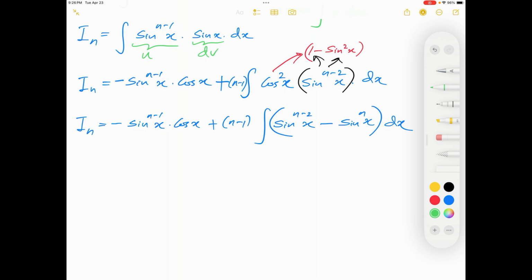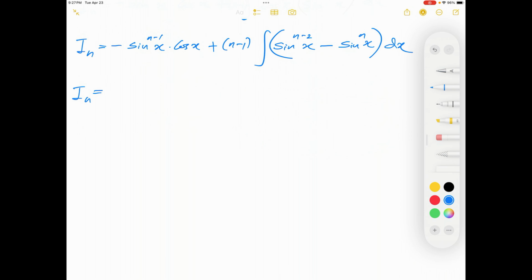Outside I have dx. Alright, now this integral can be split into two integrals. On the left hand side I have I sub n. On the right hand side the first term is negative sine n minus first power x cosine x.